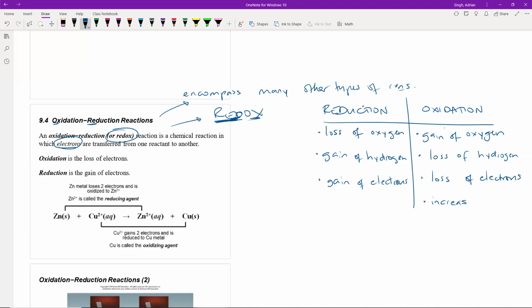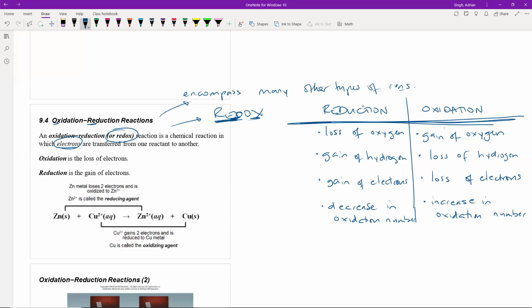Oxidation would lead to an increase in something known as an oxidation number, which we'll talk about later on, which means a reduction would be a decrease in the oxidation number. So hopefully you're seeing the trend here. Reduction and oxidation are opposite processes.